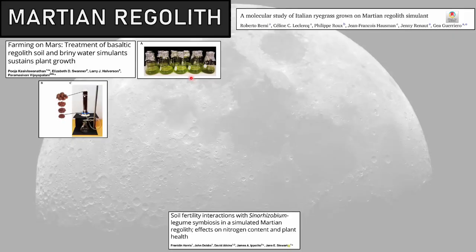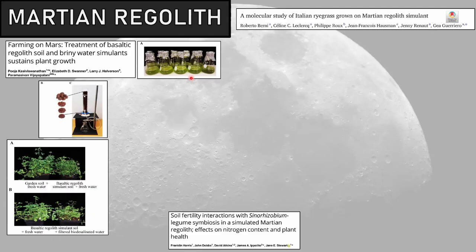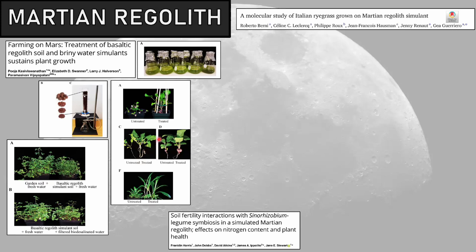They had this system where they could also filter the water through these various substrates, and then they could look at comparing garden soil and fresh water, the regolith simulant soil and fresh water, and then the filtered and biodesalinated water. Yeah, they desalinated with microbes here, and they looked at the different treated and untreated.